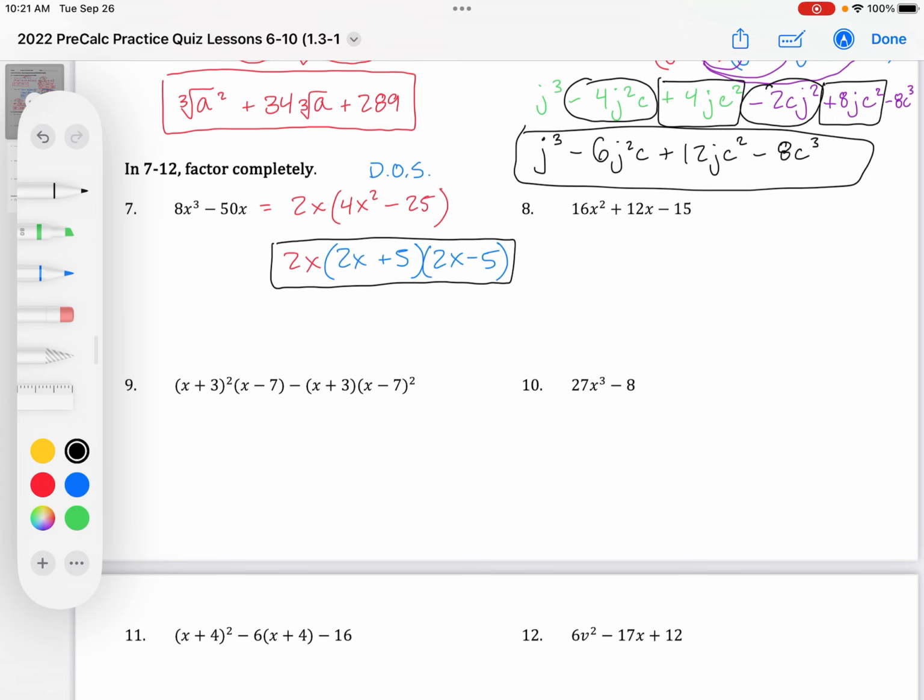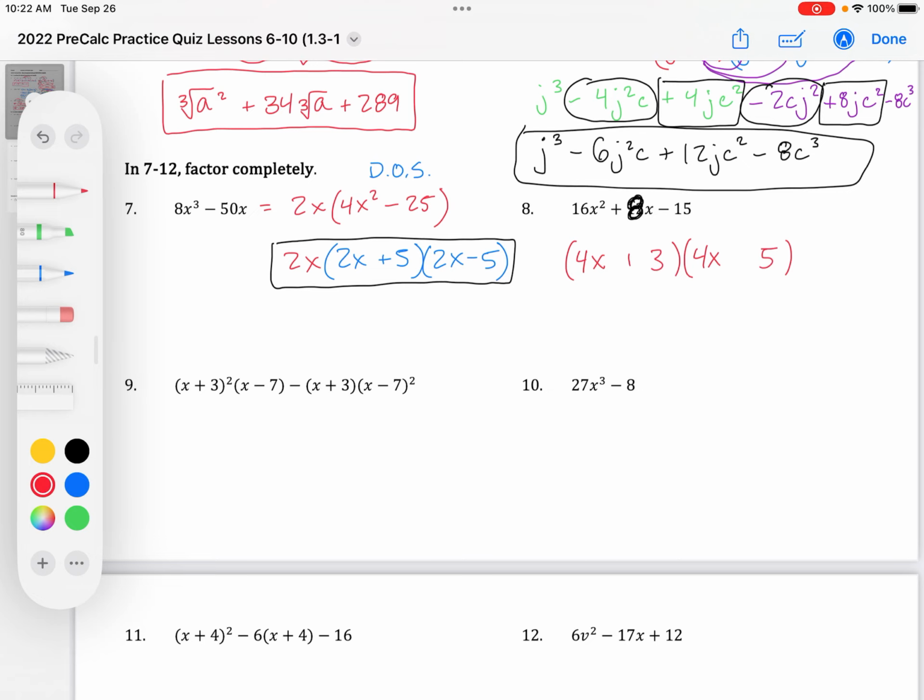All right, number 8 has a typo, so make sure you change this to an 8x, not to a 12x. All right, so now let's factor this. I'm going to do guess and check, so I'm going to guess that the 16x squared is a 4x and a 4x. And then for my factors of 15, I'm going to use 3 and 5.